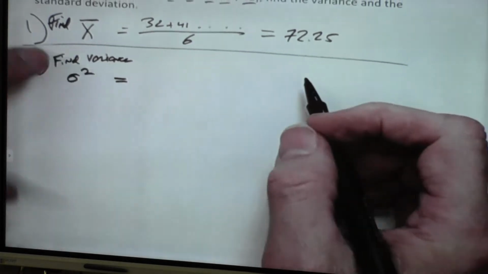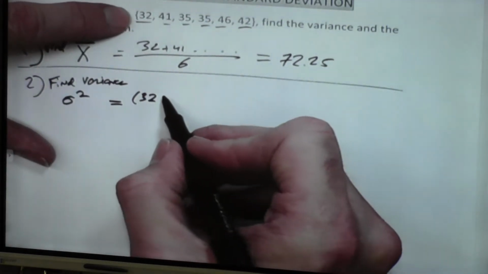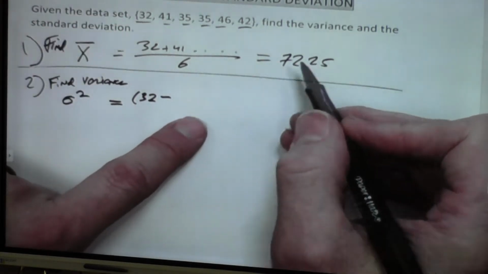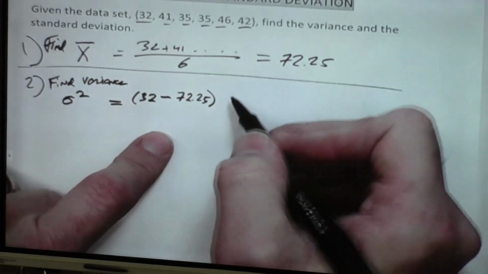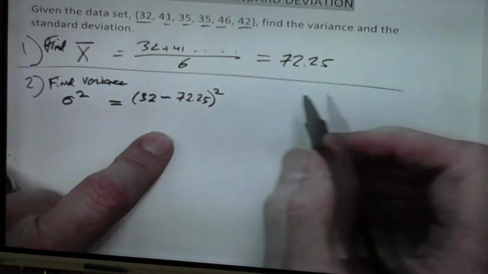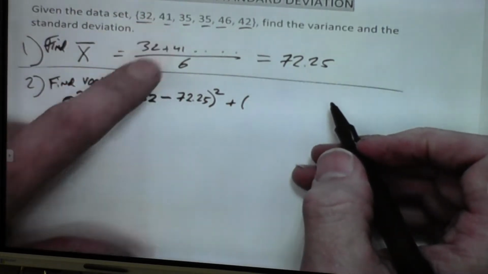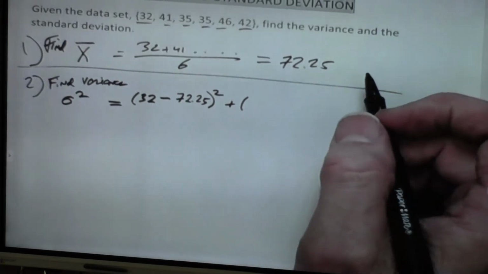What it's equal to is the first number, 32, subtract the average, 72.25, squared, plus the next number, oh, wait a second, we got a mistake.